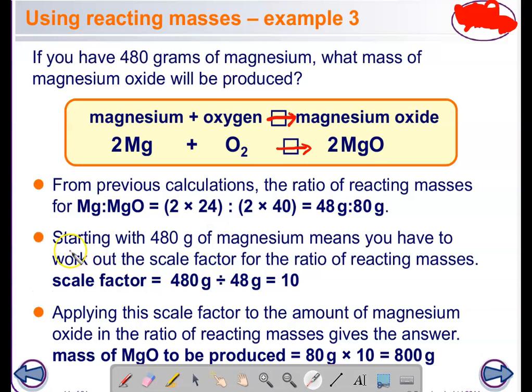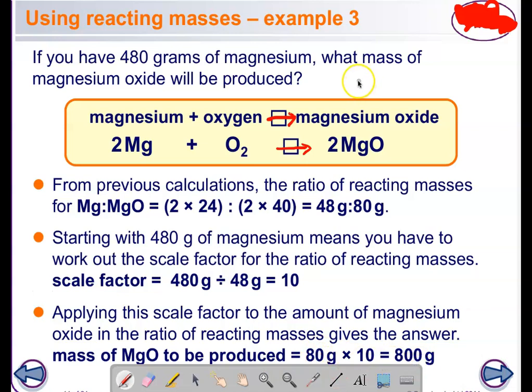Now, here we are using 480 grams of magnesium. So the scale factor will be 480 divided by 48, and that should give you 10. And so you use that to work out the ratio, multiplying it by the previous example to get 800.